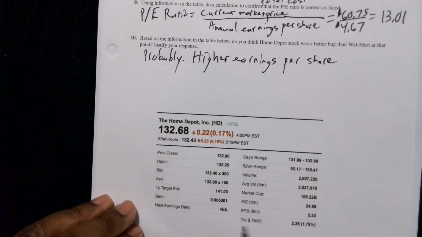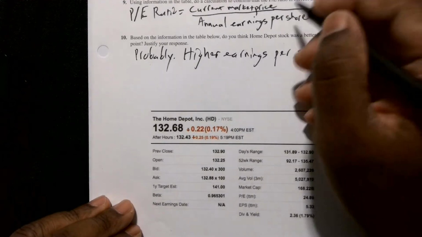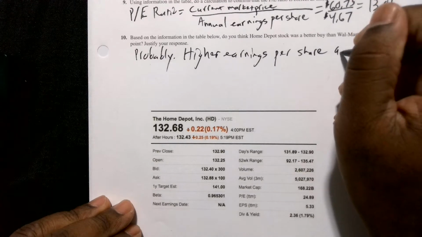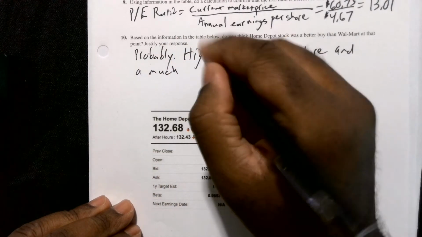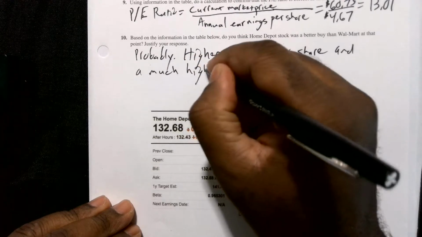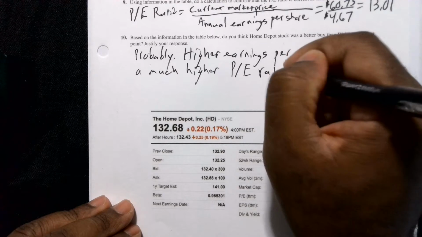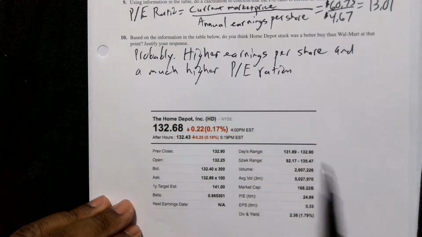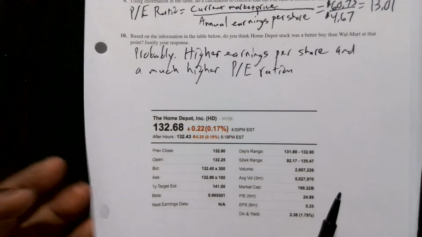Because we could look here, the earnings per share is $5.33, and a much higher price over earnings ratio. We look at the price over earnings ratio is 24.89. So yes, it seems as though Home Depot is the better buy.